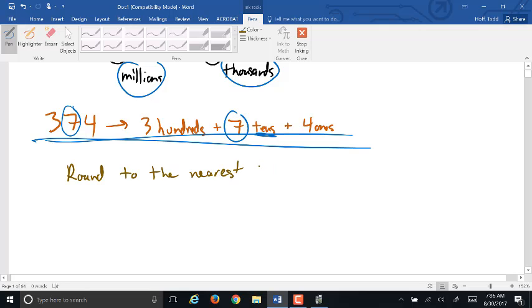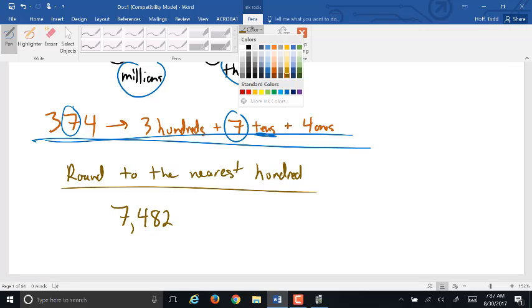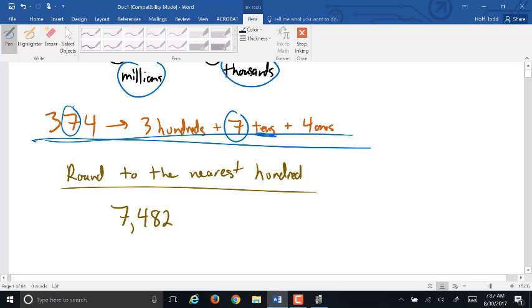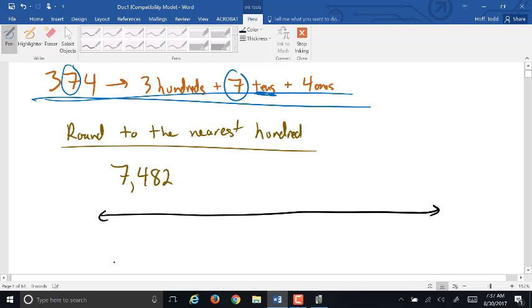Let's say I ask you to round to the nearest 100, and I give you a number like 7,482. Well, what it's really asking us to do, round to the nearest 100, is actually referring to a number line.